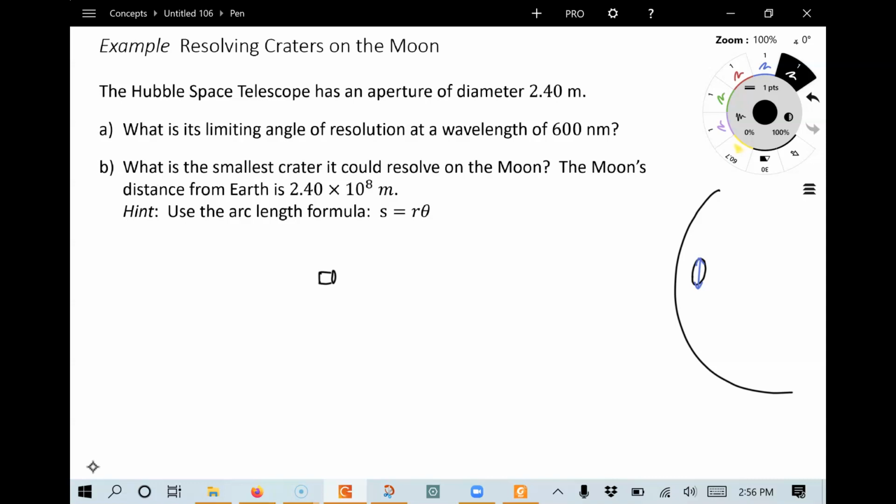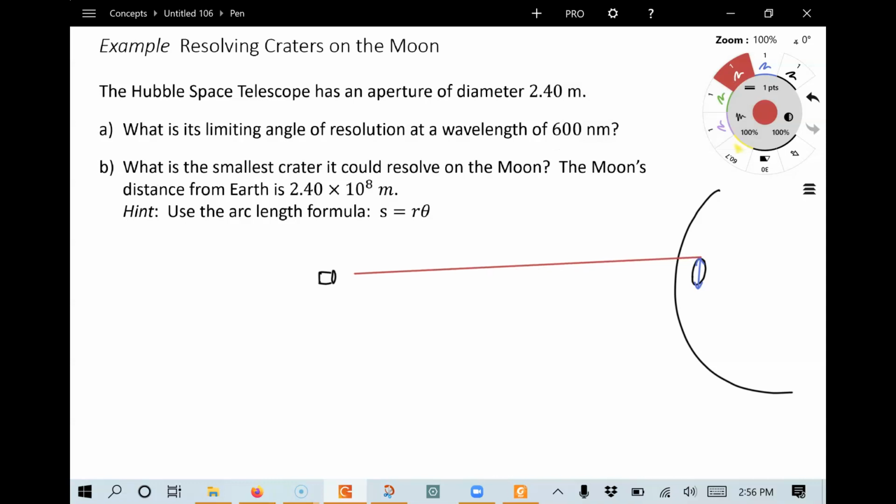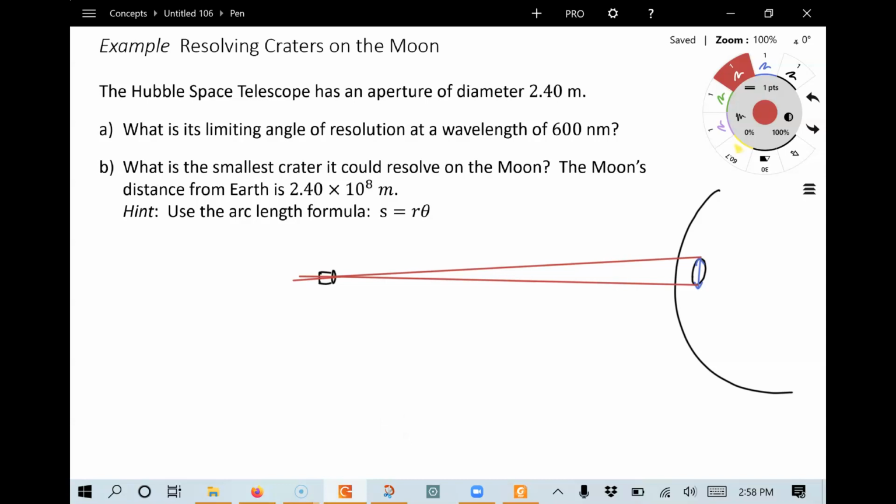If we think about it, the two edges of the crater are going to send some light to the telescope, and they're going to produce an image there. On the back side, as it passes through, this image is going to continue to spread out a little bit. But because they pass through the diameter of this lens, you're going to have some diffraction going on, which can cause these two images to blend together.